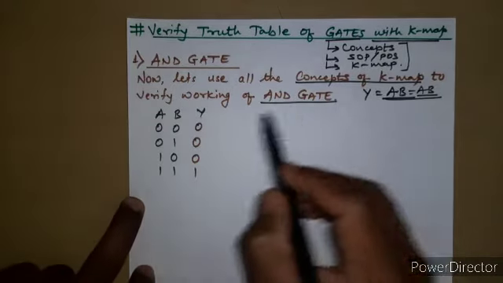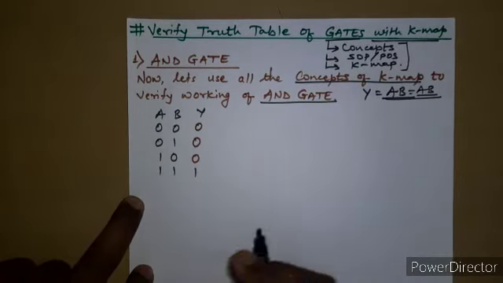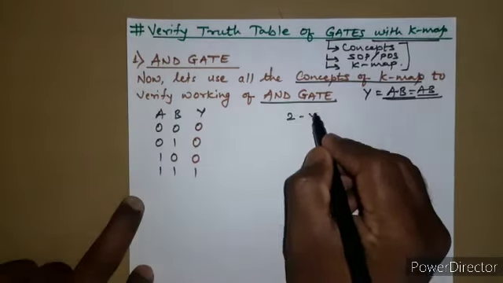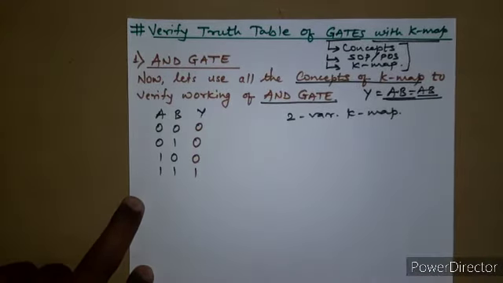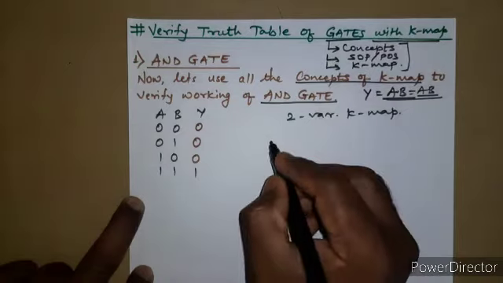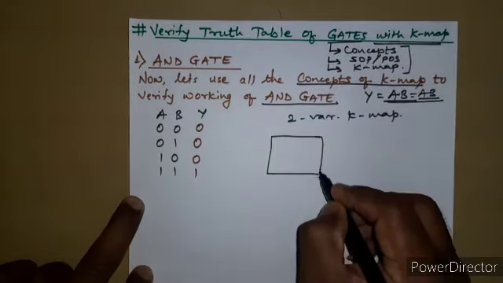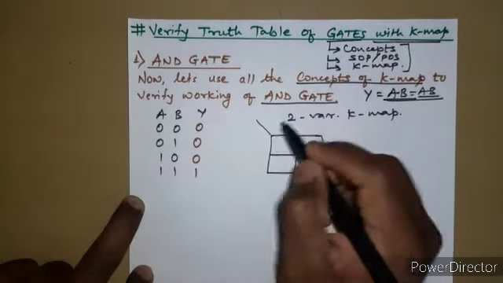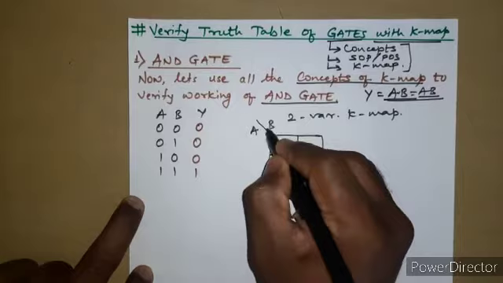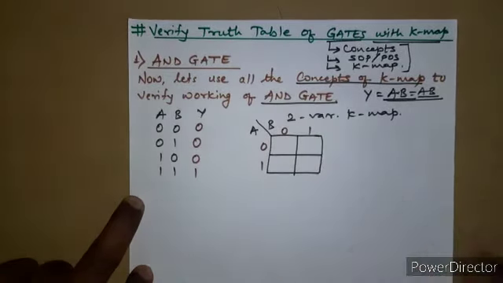Now since we are looking at a two variable or two input AND gate, our K-map is a two variable K-map. So I'll draw a two variable K-map here. This is A, this is B. 0 1, 0 1.